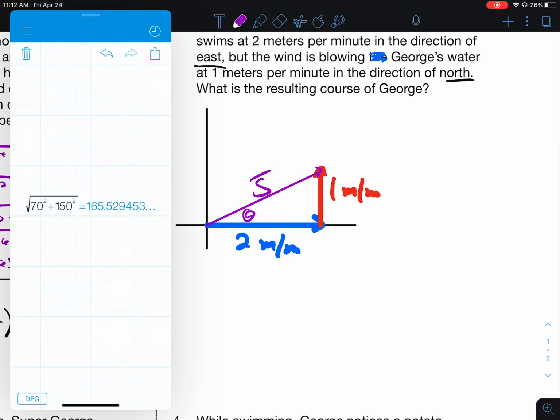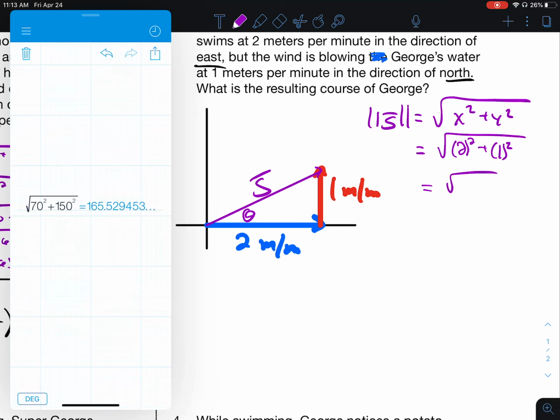The order in which you do this doesn't matter. Let's say we try to find the magnitude of vector s. It's the square root of x squared plus y squared, and our x is 2, and our y is 1.